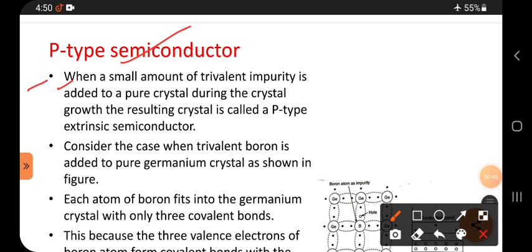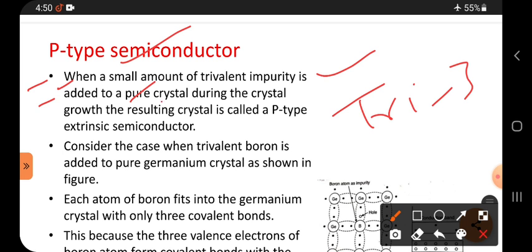When a small amount of trivalent impurity, tri stands for 3, is added to a pure crystal. Pure means nothing else is added, it contains only a single element.